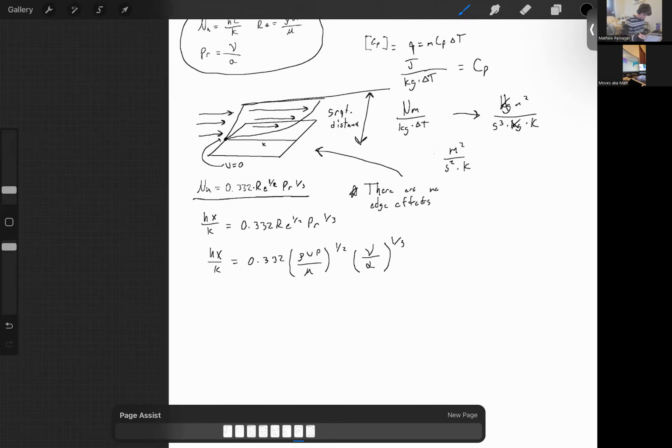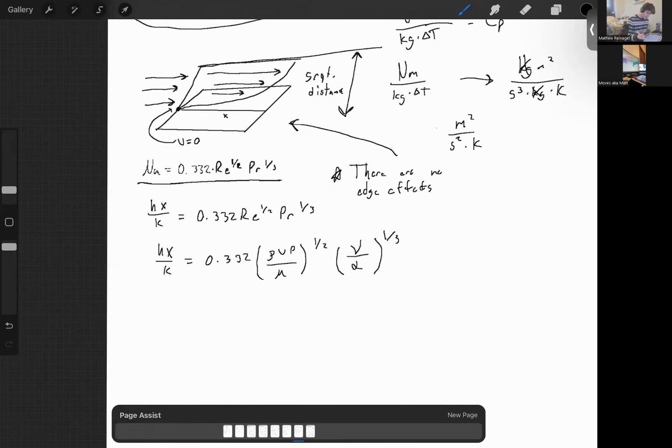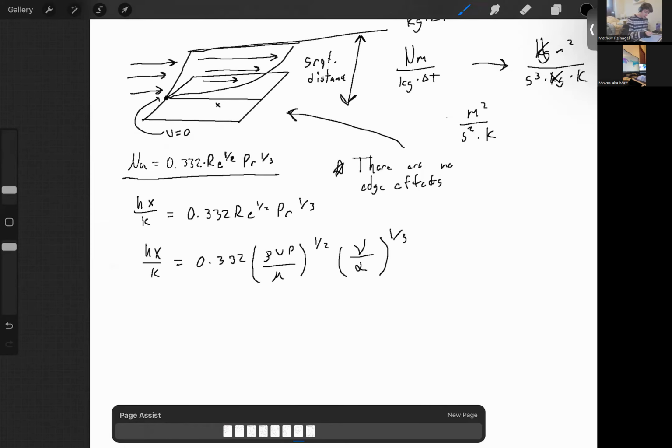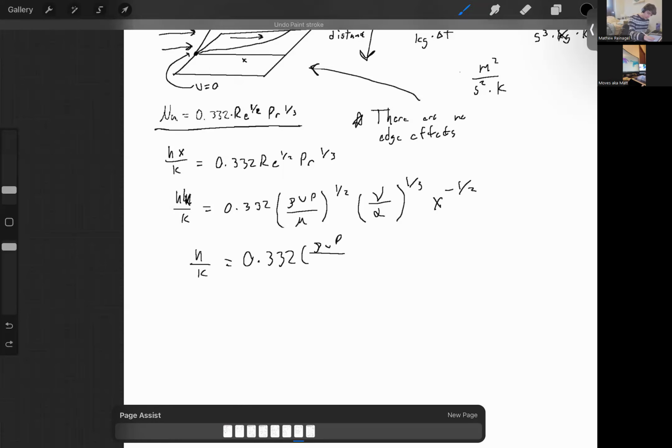And so if I were to take X and move it over to the other side, this is the power of negative 1/2. Well, 0.332 density. Actually, no, it's fine. I'll just erase that over there.